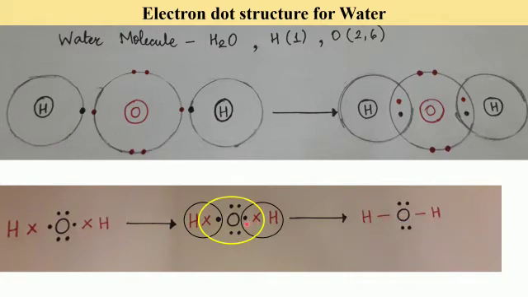Similarly, here also you can see one pair of electrons is being shared between oxygen and hydrogen. Hence again we will show a single bond between oxygen and hydrogen. So oxygen is still left with 4 electrons. It has shared only 2. So 4 electrons you will show.